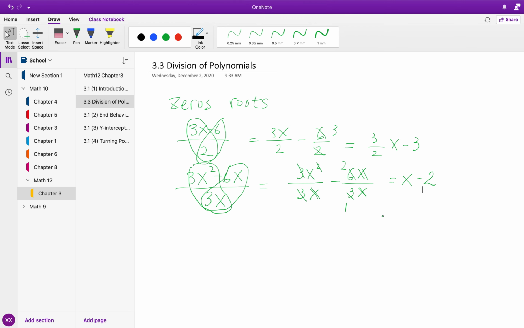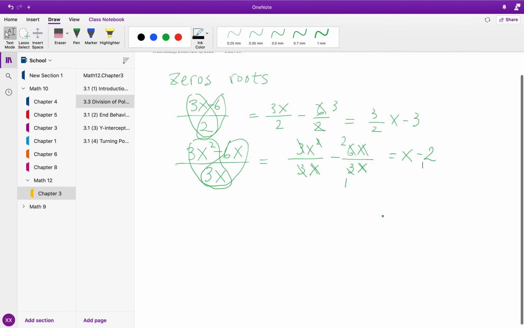Now, by the way, in grade 11, you probably have a little bit more complicated looking things. When you studied rational equations, you could have something like x squared subtract 5x plus 4, divided by x minus 4, for example.